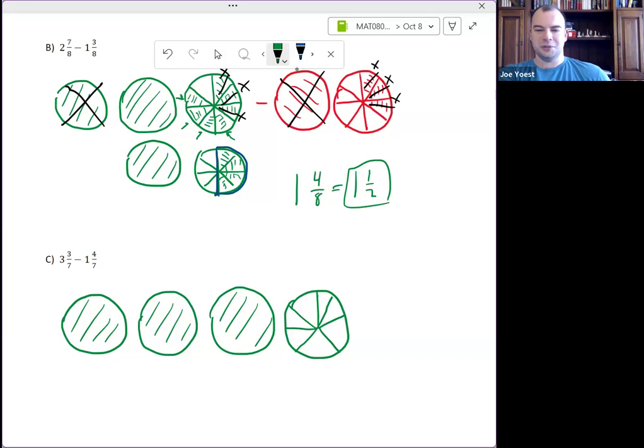Maybe not the prettiest, supposedly equal sized pieces, but pretend that those are 7 equal sized pieces. 1, 2, 3, 4, 5, 6, 7. Yeah, there's 7 of them. And I have 3 of those. And I want to take away 1 and 4/7.